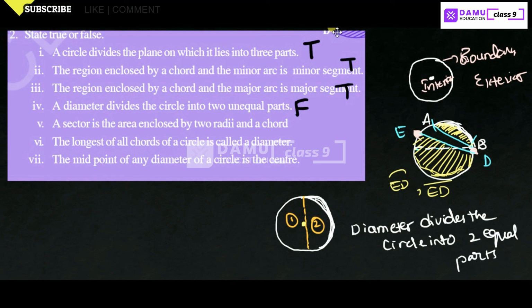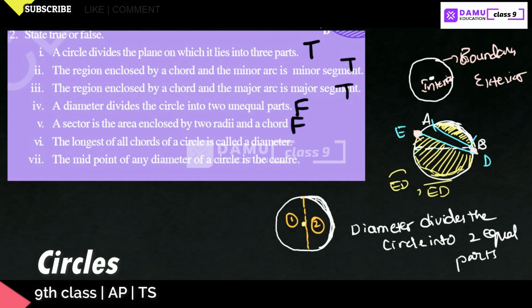That is false. A sector is the area enclosed by two radii and one curve. So that is false. Why it is false is, the fifth one, it is false. So a sector is nothing but, draw one circle. So let's take a sector like this.